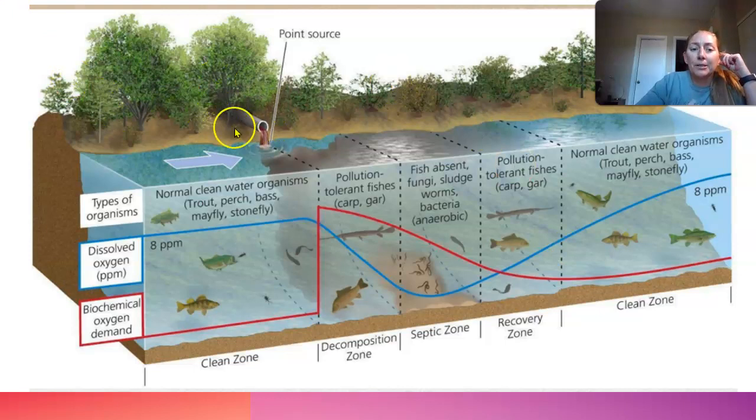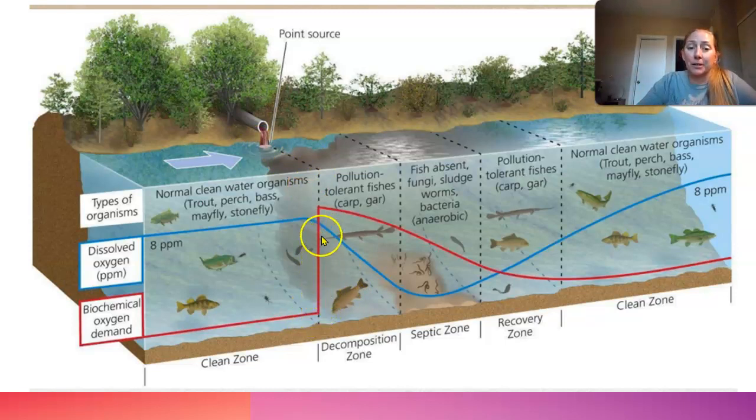You can see up here, there is a source of pollution. We're assuming this is like poo coming out of this pipe here. And so what happens? Well, where the poo first enters the water, that poo is going to be very high in organic matter. So the bacteria that are present in the water are going to start decomposing it.